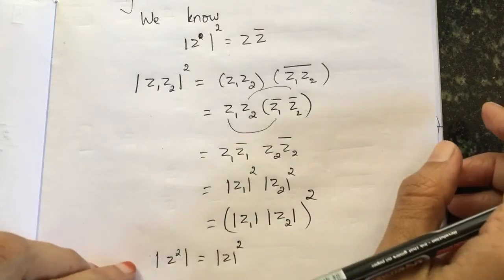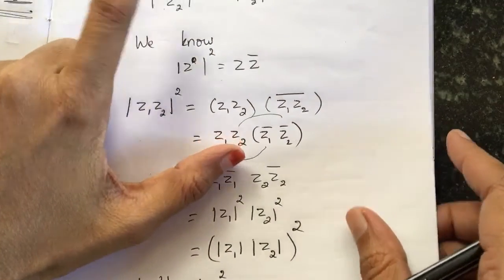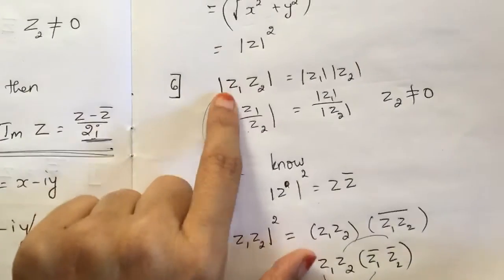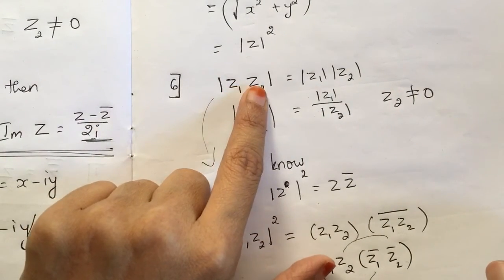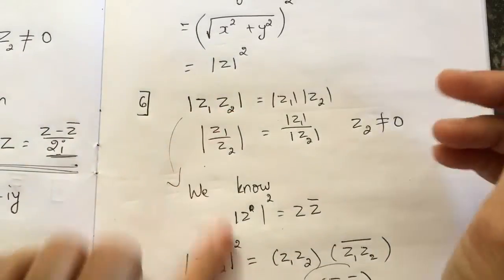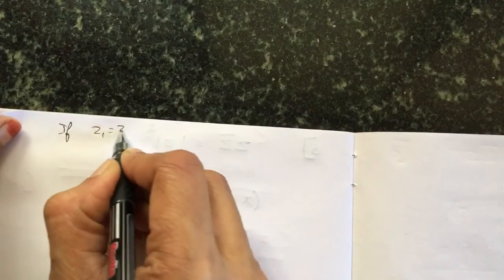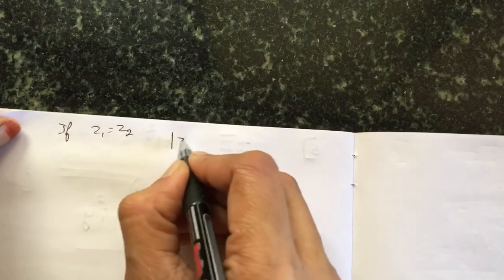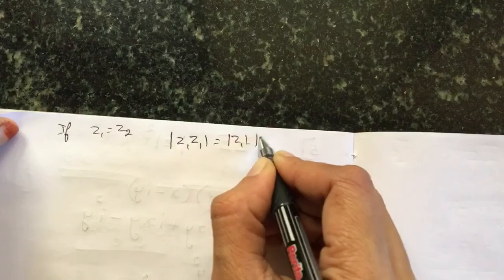If in this case, suppose I have z1 equal to z2, then z1 into z1, right? So it's mod z1 square. If you want, I'll write it down. If z1 equal to z2, then mod z1 into mod z1 equal to mod z1 into mod z1, right?